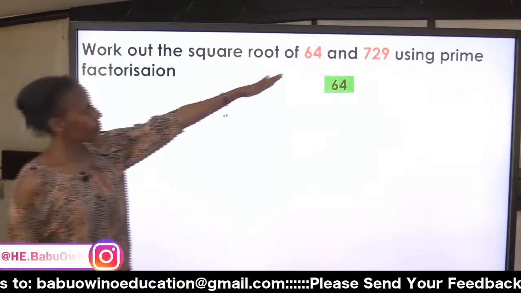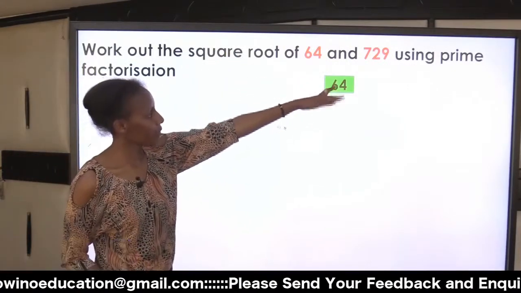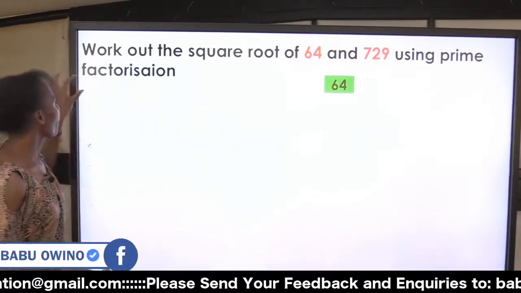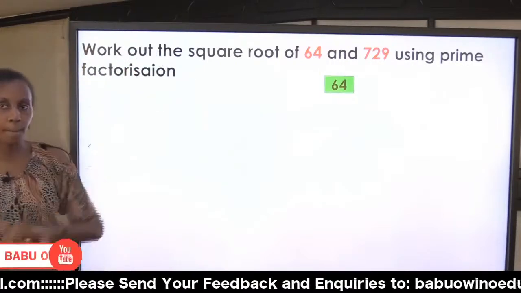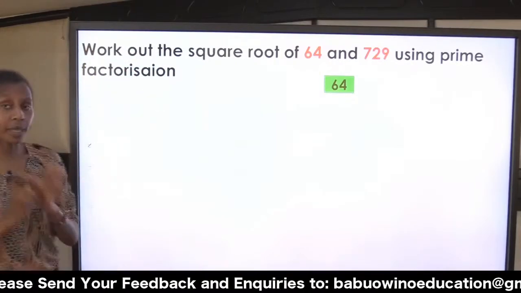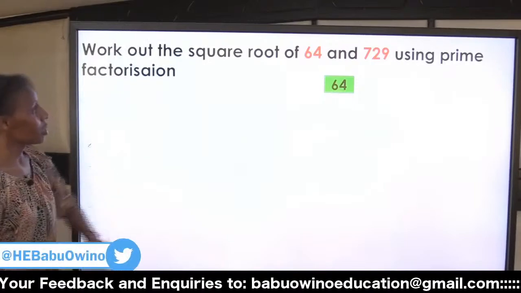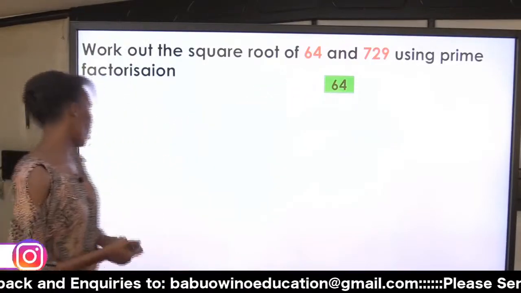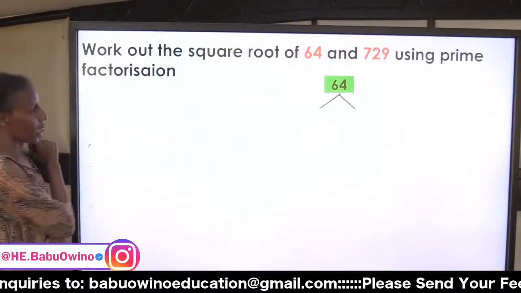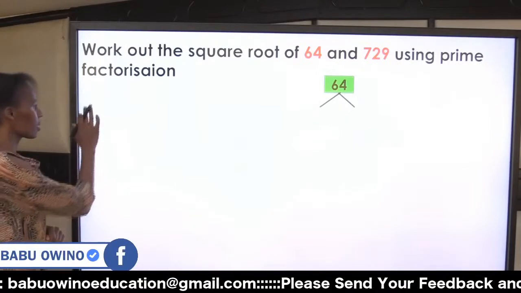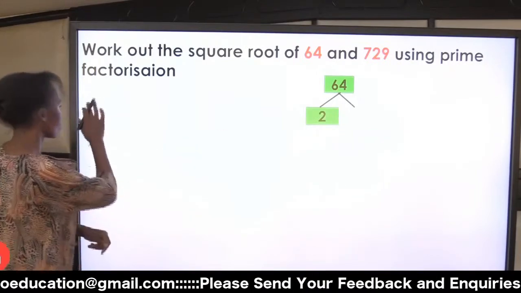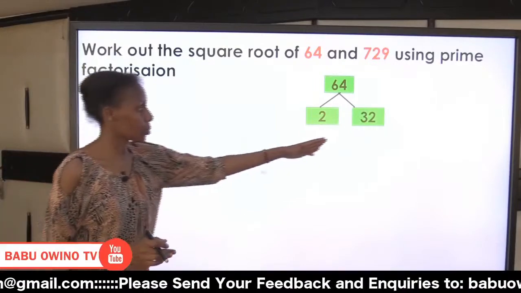Work out the square root of 64 and 729 using the prime factorization method. So in this case, we have been specified the method to use. We shall start with our 64, and the first thing is to get the prime factors. I divide by 2 and I get 32.